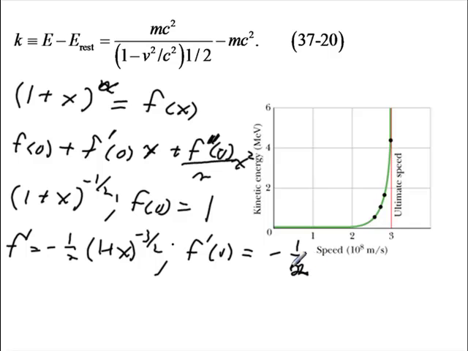Not 1/12, 1/2. So I'm going to plug that in place of 1 plus x to the negative 1/2. So I've got mc squared times 1 minus 1/2 times x, where x is negative v squared over c squared.